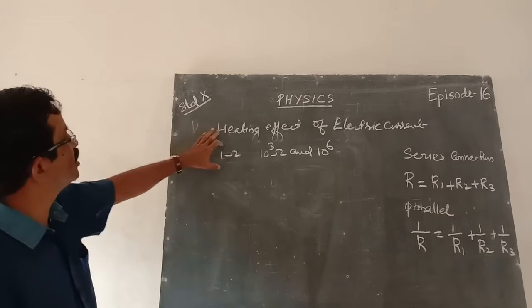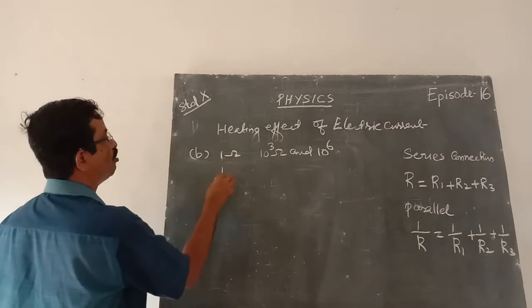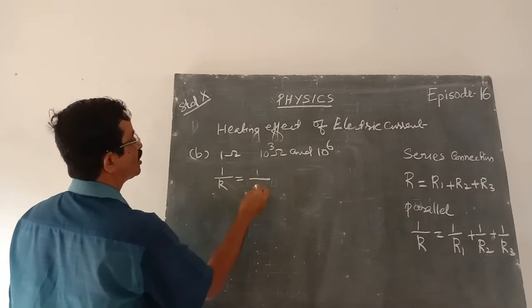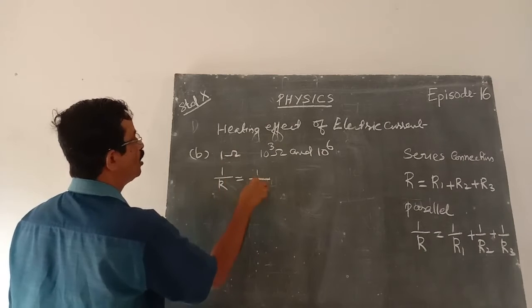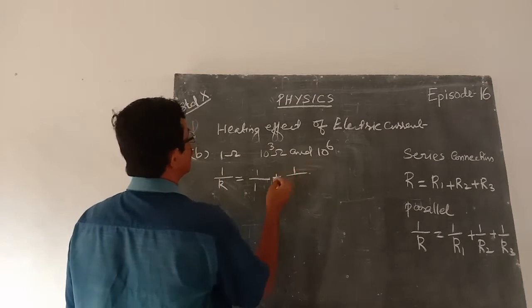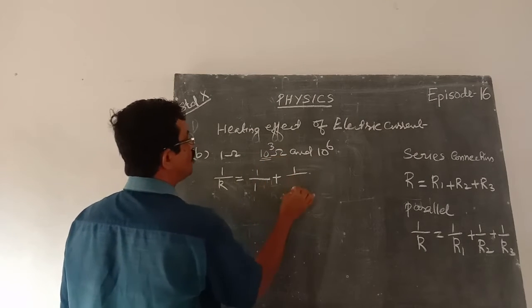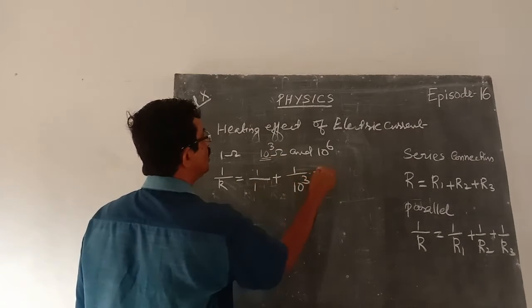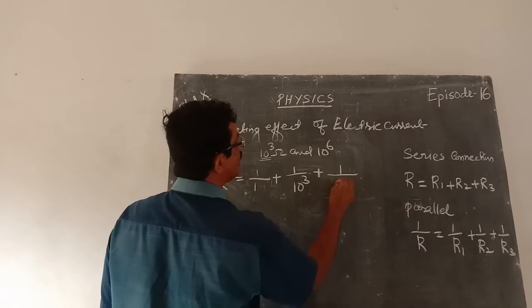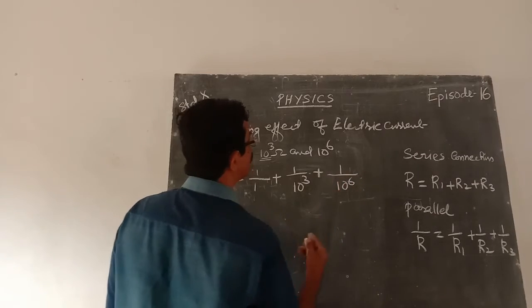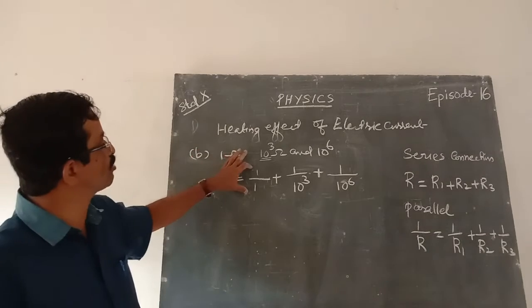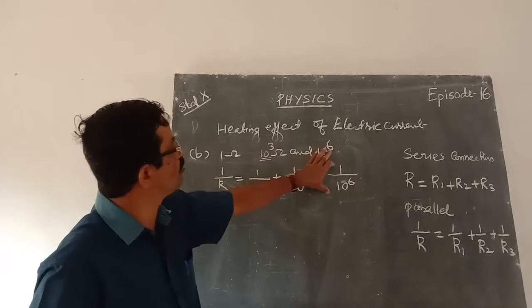Now see, for its effective resistance, 1 by R is equal to 1 by R1 plus 1 by R2 plus 1 by R3.